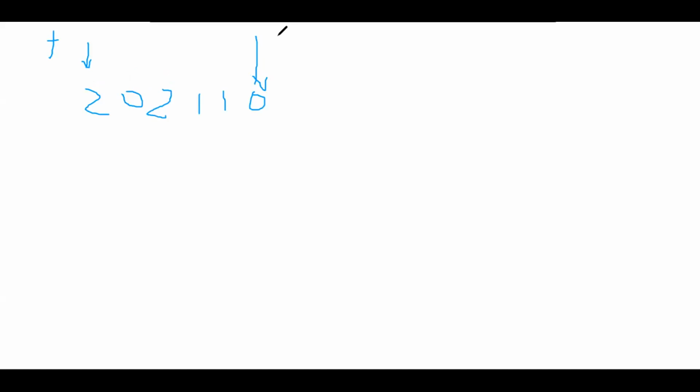I have 2 pointers. One points to the first color, and another points to the last color, so maybe L. And we iterate the whole array from the start. It's i that iterates the whole array.